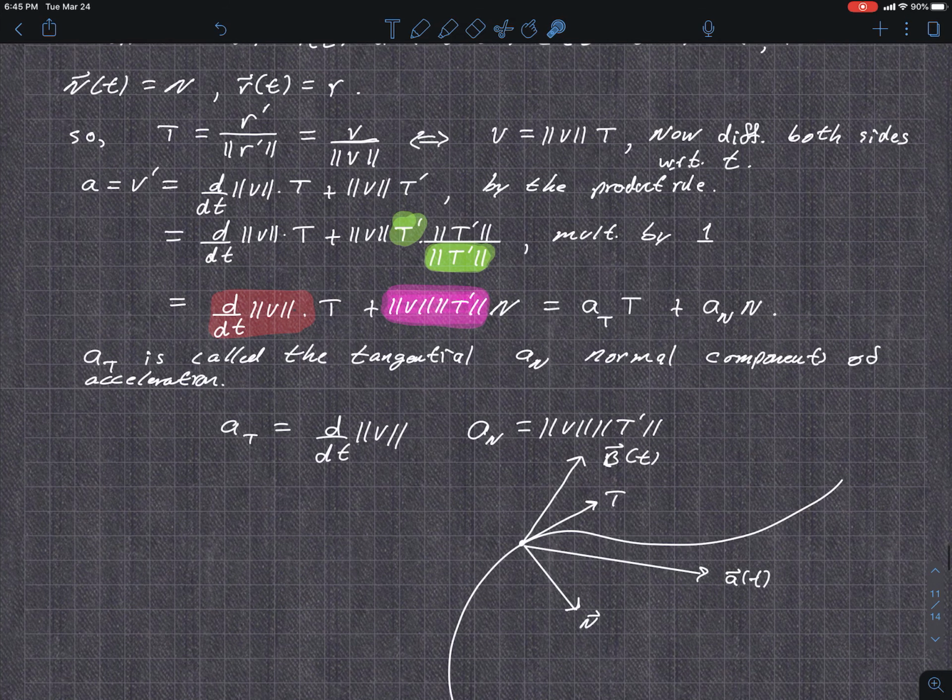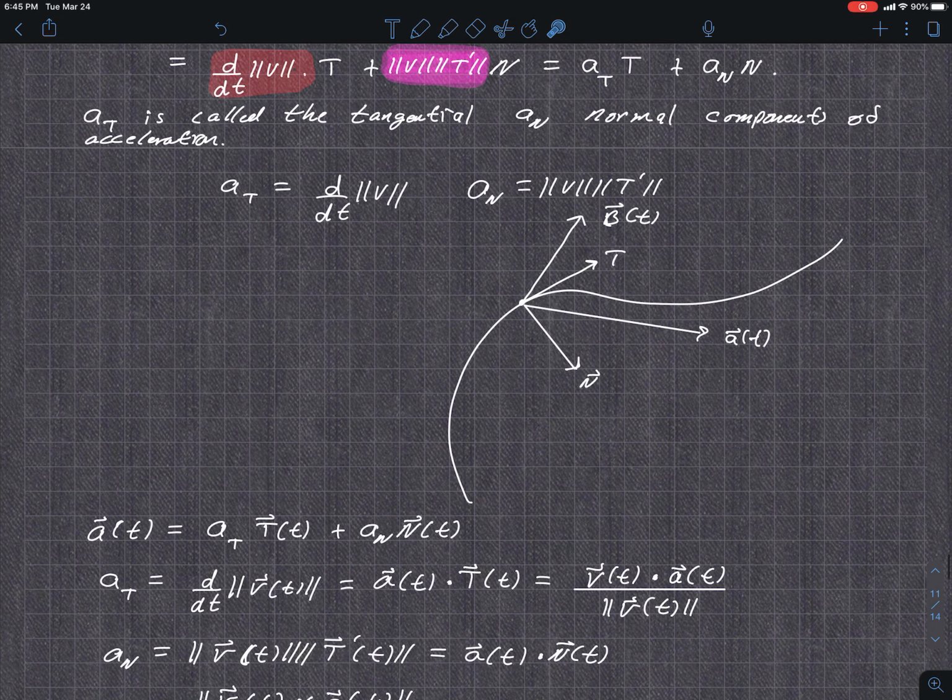Something may be asked, so I want you to study it. Please study this proof and how you end up with your AT and AN. Those are called the tangential and normal components of acceleration. Those are the scalars of T and N that determine your vector a of t.